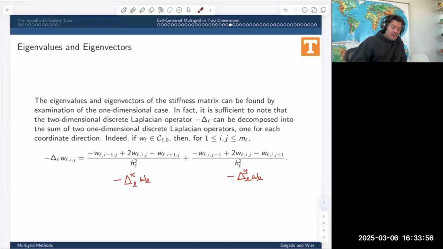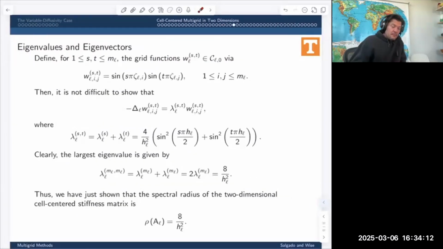I know that, for example, if I use a grid function which is a sine wave, then I'm going to get an appropriate sine wave, and my eigenvalues pop right out. So here's the idea. I'm going to build a grid function, and I'm going to change the notation a little bit.